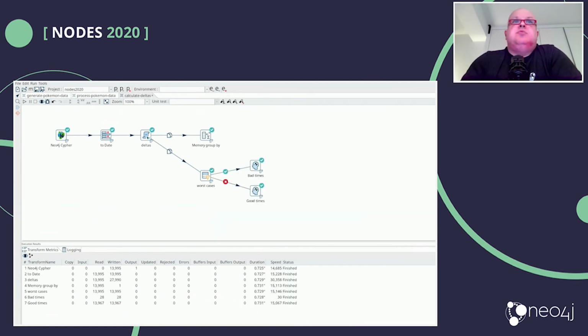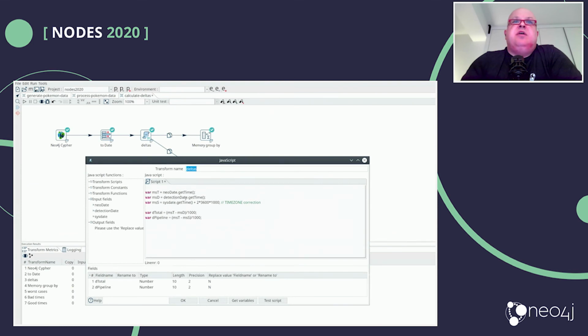And here's a bit of JavaScript to calculate the deltas. Please make sure that you correct for any kind of time zones that you're dealing with, because obviously in this configuration, my Neo4j server is running in Germany, and Google Cloud Dataflow is running on the East Coast in the US.